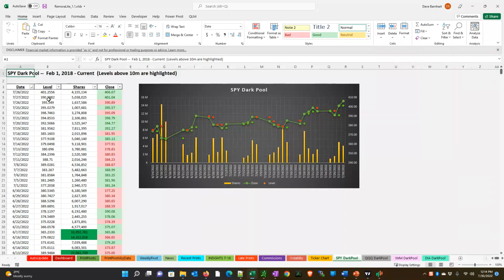So on the 28th of July, Friday, we had this level of 401, Thursday, we had this level of 401.25, but there were 4 million shares, and we never traded there that day.